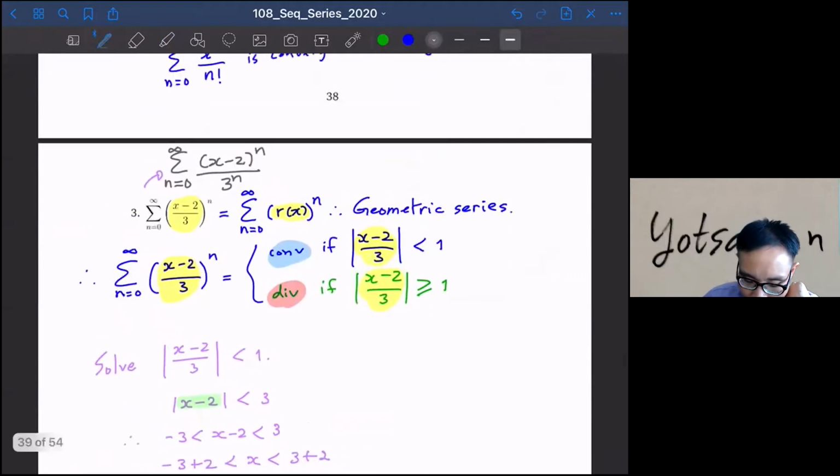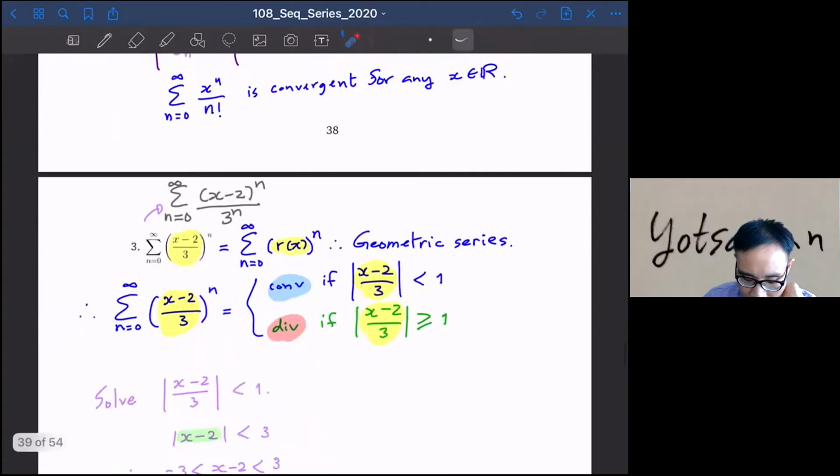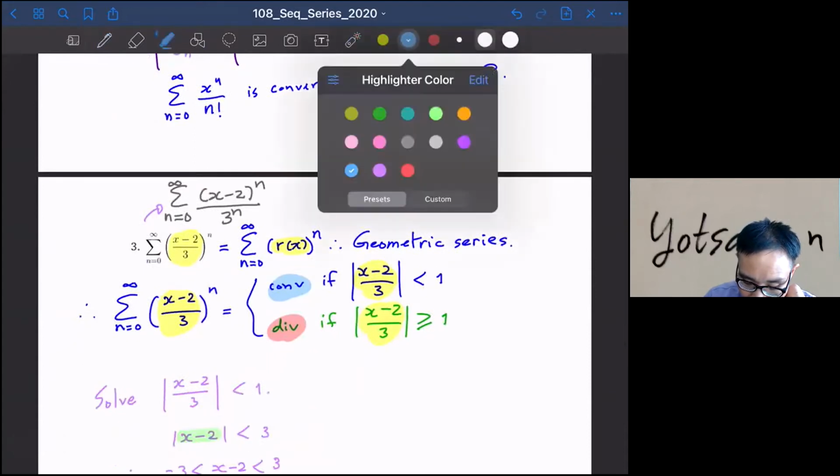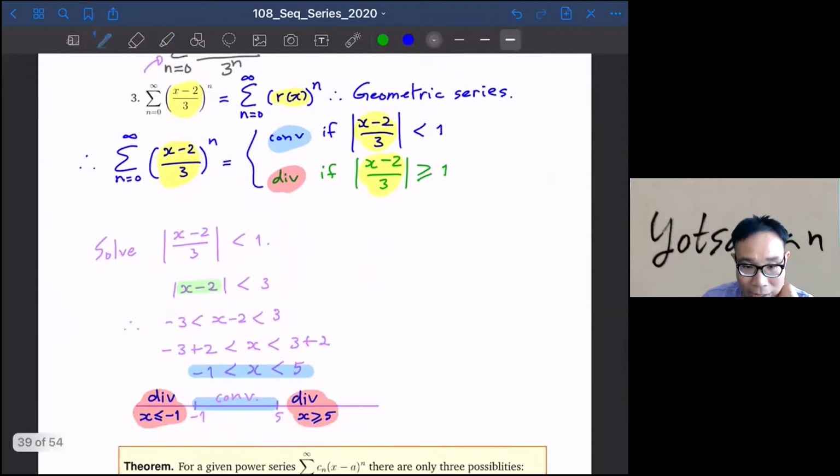If you compare with the original series, you see that you have (x minus a) to the n, and in this case your a turns out to be equal to 2. So a equal to 2 gives you the center. And I will explain why this is the center.